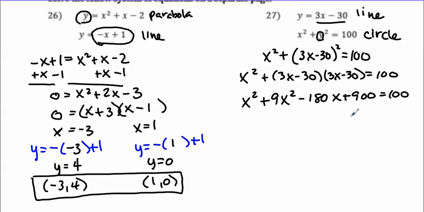So to solve the quadratic, I need to combine like terms, and I need to make one side 0. So I have x squared plus 9x squared, I have 10x squared. Minus 180x, and I'm going to subtract the 100 to move it over here, so I have plus 800 equals 0. So to simplify this problem, we can divide both sides by 10.